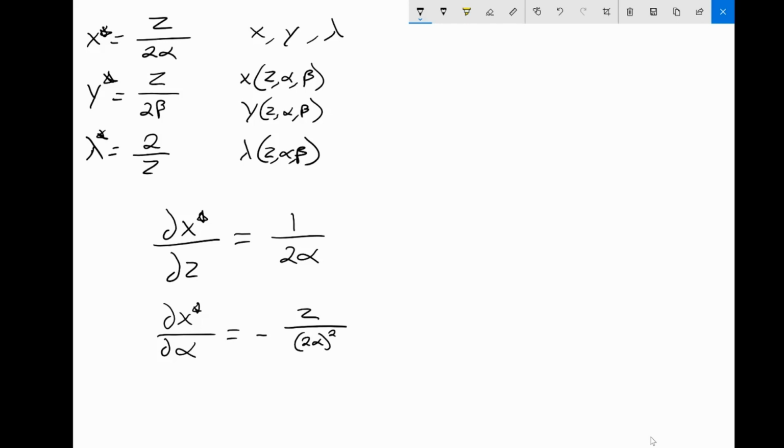Okay, all right, so these expressions tell us how the parameters will affect the variables. That means how the optimal decision, how the optimal x is affected by a change in one of the parameters. So basically, if z increases, then x star, the optimal x, increases by 1 over 2 alpha.